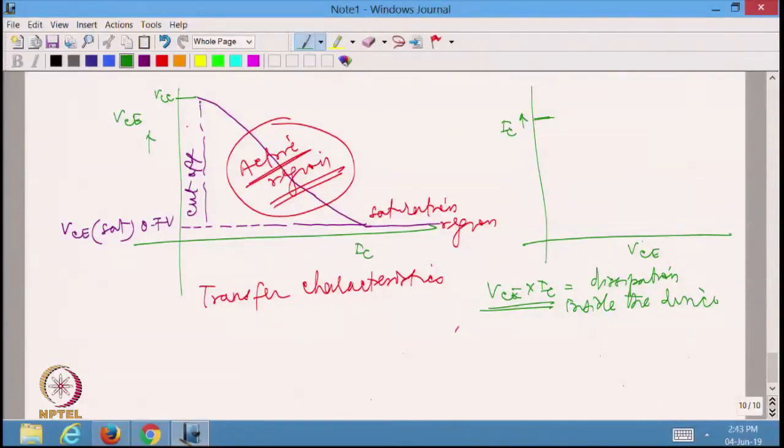As our IC decreases, VCE will increase. So, I may have something like this, and then again I am going to have probably some portion where I am going to have VCE to be very small, but IC to be very large.